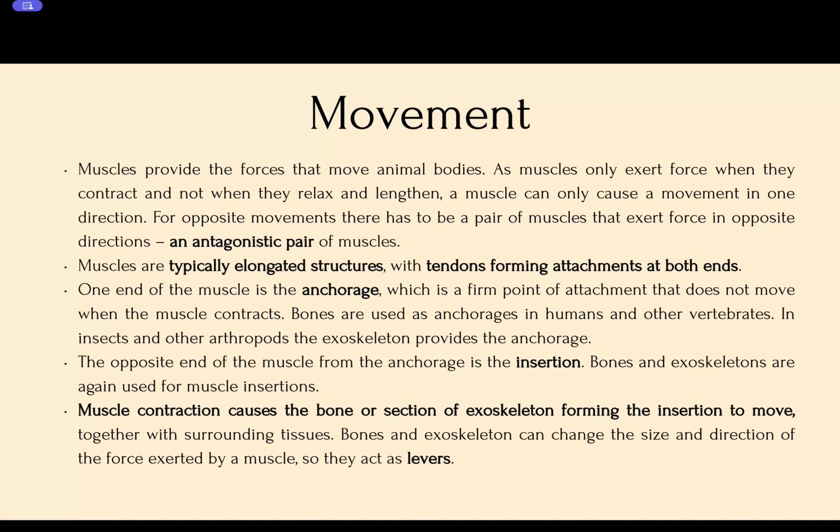One end of the muscle is the anchorage and the opposite end is the insertion, but in our case bones are both of them. Muscle contractions cause the bone to move together with its surrounding tissues, and therefore bones and exoskeletons act as levers, as they can change the size and direction of the force exerted by a muscle.